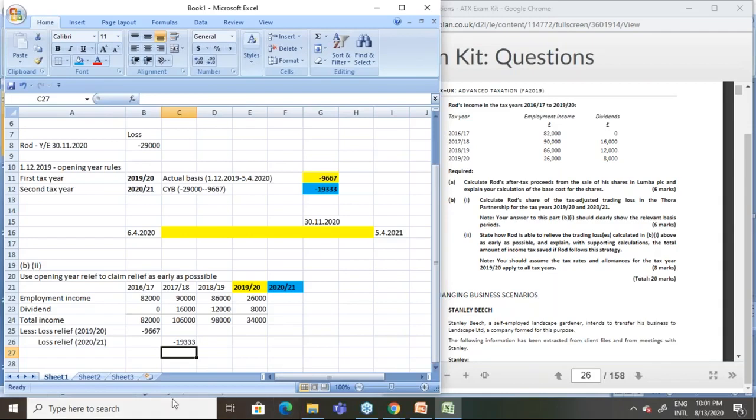which is 19,333. So when you deduct, you get an answer that is what we call net income. You don't have to actually show the net income. They just want you to explain the tax saving that you can have. So here the net income will be this.